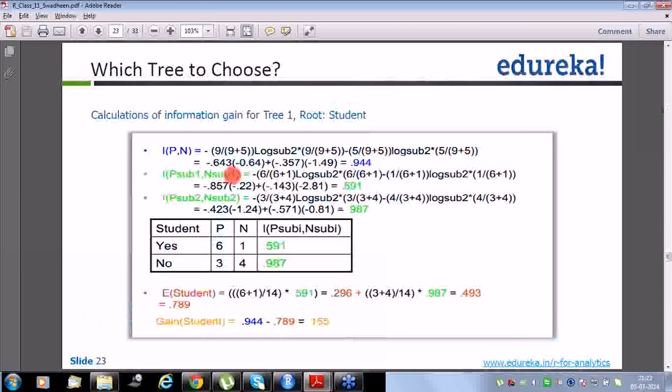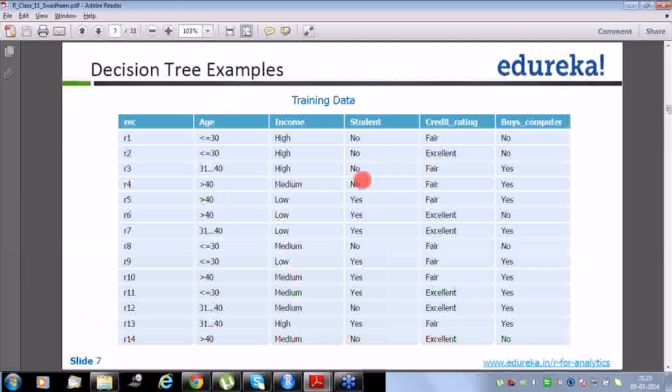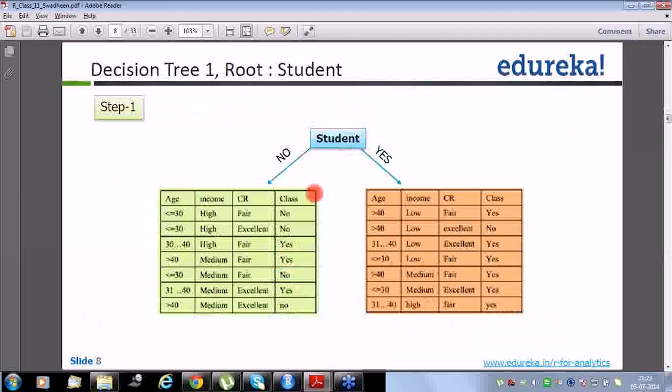Then I sub 1 N sub 1, I sub 2 N sub 2. As we are talking about student, we are talking about the sub branches of this IPN, first branch and second branch, as student is divided into two branches.